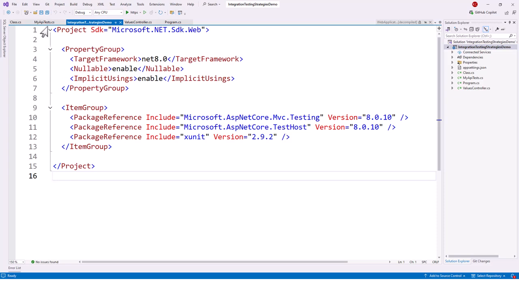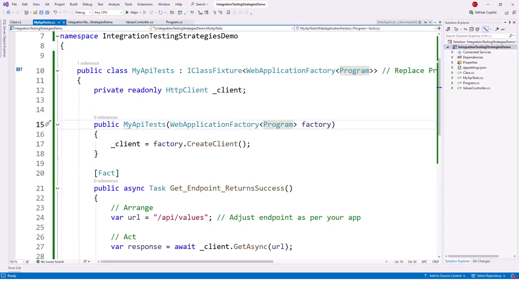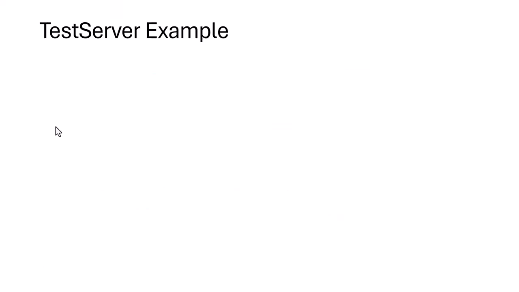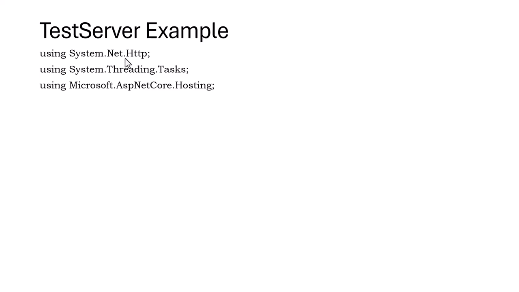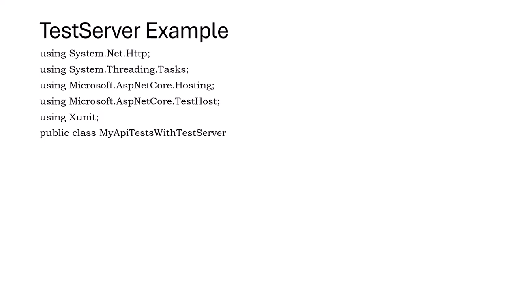Now this was my test.cs class. We add a similar class. Let's see this test server example in the PowerPoint slideshow, and then we'll do it in Visual Studio with an actual hands-on exercise. These are the libraries to be used: System.Net.Http, System.Threading.Tasks, Microsoft.AspNetCore.Hosting, and Microsoft.AspNetCore.TestHost, using XUnit. public class MyApiTestWithTestServer.